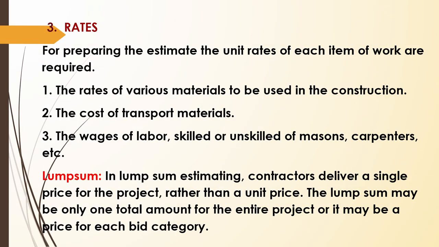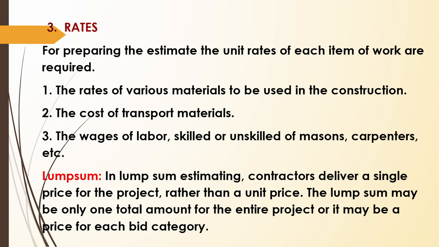The rates include the wages, the transportation cost, construction cost, material cost, etc. Now a term is there, lump sum. Lump sum means a contract for a single price for a project. Some items have to be calculated per unit, for example, masonry work is calculated per meter cube.